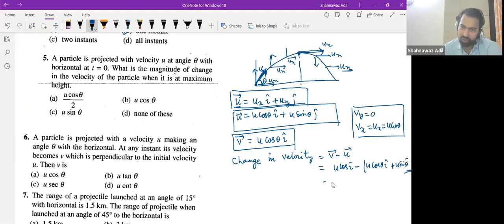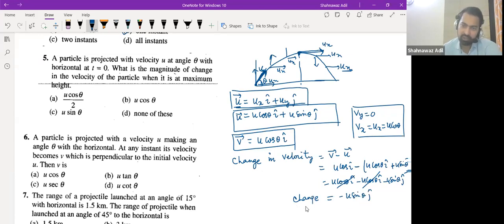Right, so this is u cos theta i minus u cos theta i minus u sin theta j. So this i component cancels and the change is minus u sin theta j.